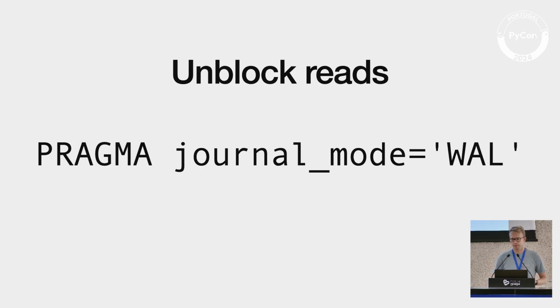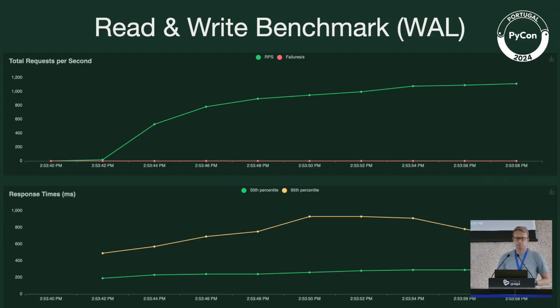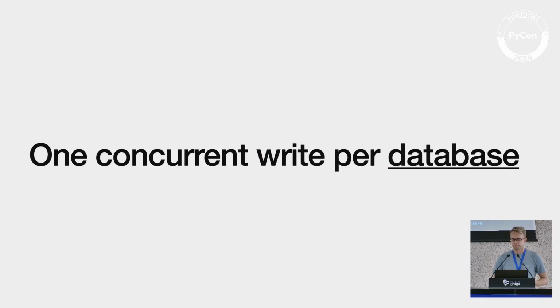So at that point, you can have writes coming into the database and not block reads. And that improves the benchmark by 2x. So now we're back at 1,200 requests per second. And yes, I've mentioned this before, but you're still going to be stuck with one concurrent write per database.